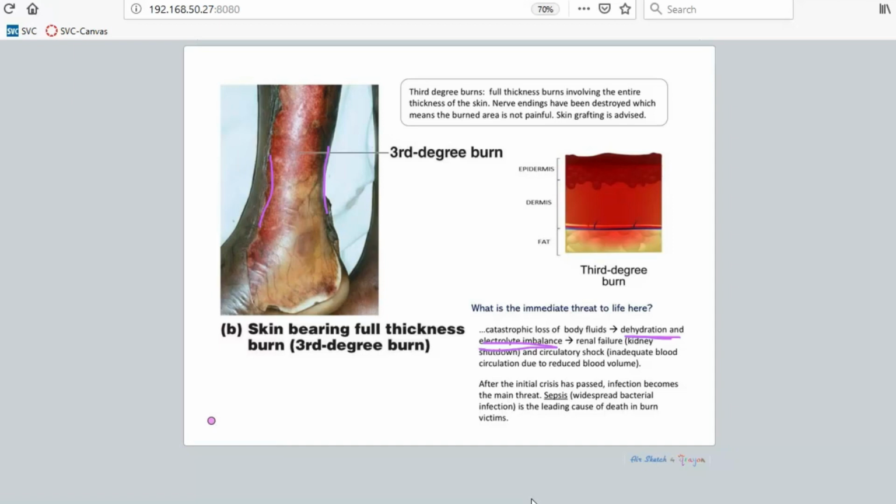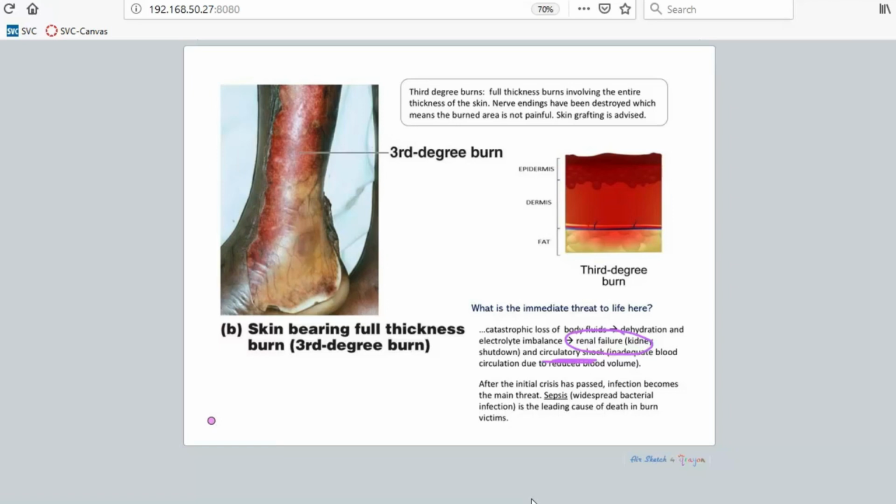It's been denatured, and so that's no longer there. You lose a lot of water and a lot of electrolytes. And this can lead not only to cellular failure, but renal failure. And renal failure is followed by circulatory shock, reduced cardiac output, and that's a life-threatening situation.